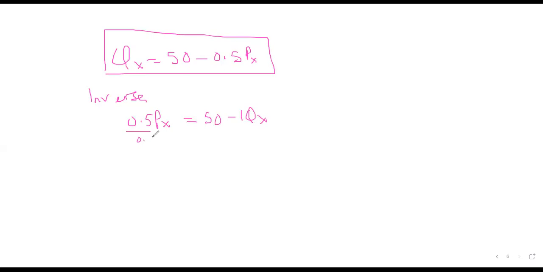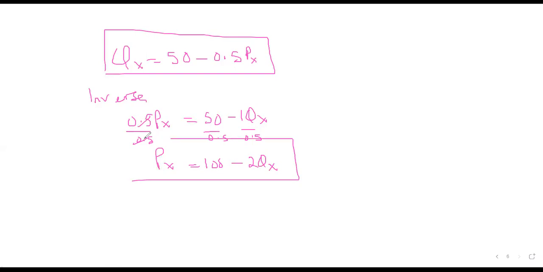We divide both sides by 0.5. So here we're going to have Px. And divide this in there, you're going to have 100. 1 divided by 0.5, we're going to get what? 2Q. So this is called our inverse demand.